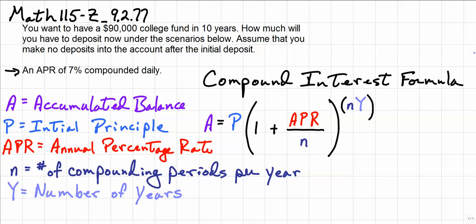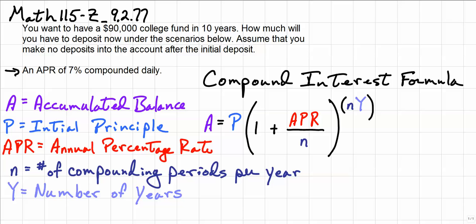Now in order to put everything together, we need to look at the problem and assign values to each one of the variables. One of the variables will not have an assigned value because that's what we'll be solving for. So we go back to the problem and reread it. It says you want to have a $90,000 college fund in 10 years.